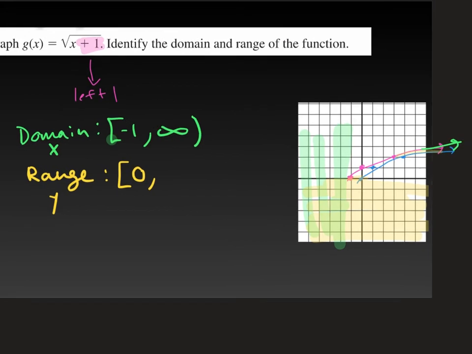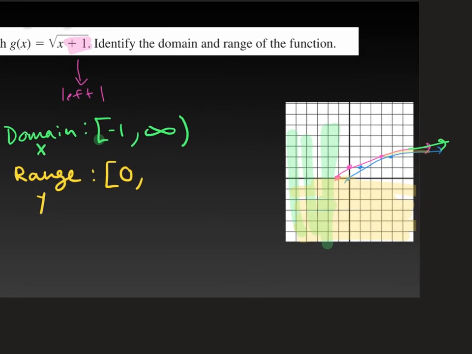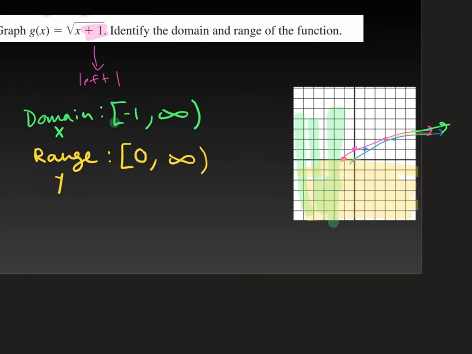And then what's our largest y value? Infinity. So our range goes from 0 to infinity. Because we can plug in 1,000,000 for x and get whatever the square root of 1,000,000 is for y, but it would still be a super big number, so our range goes to infinity.